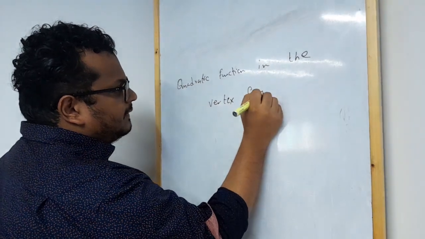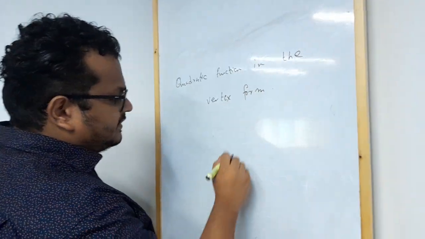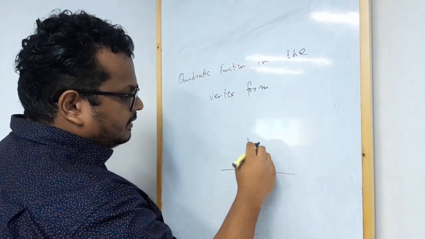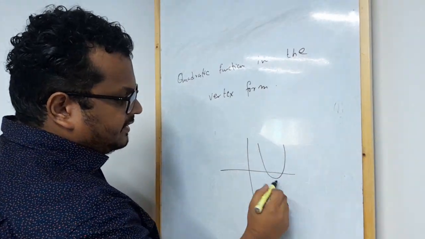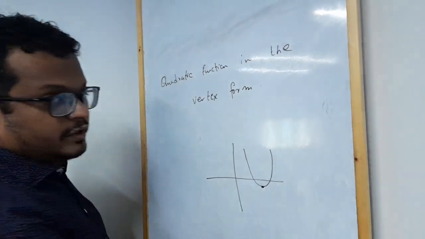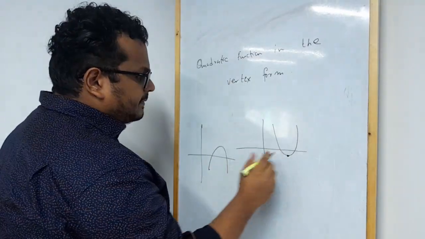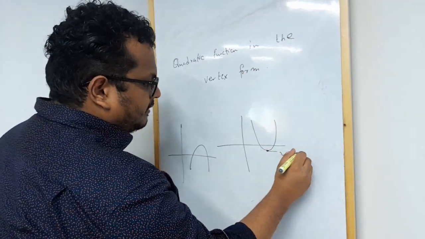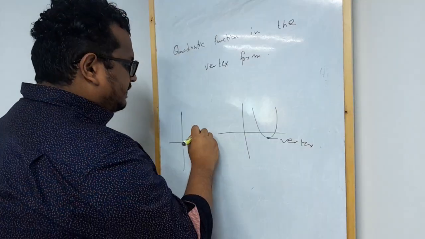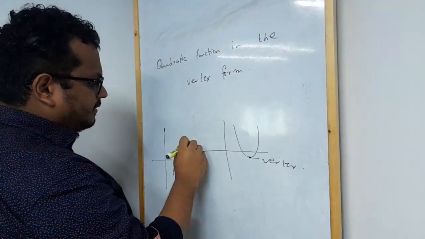Now if you remember, in my previous videos I've taught you a parabola has a vertex. This is the minimum point or the maximum point, known as the vertex. For a minimum curve, this is the vertex, and for a maximum curve, this is the vertex, the maximum point.